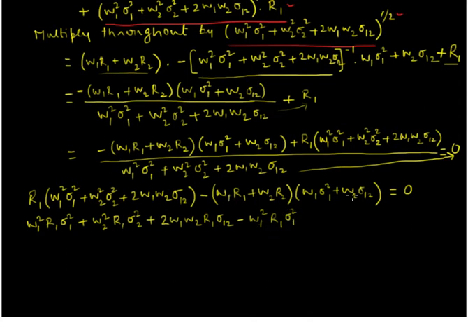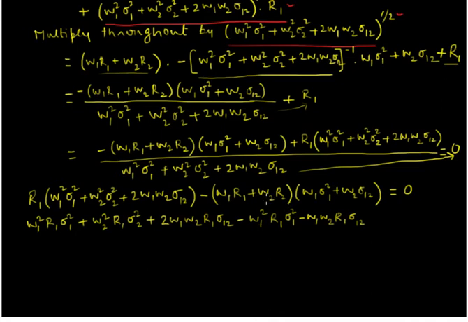This times this term, and we have a minus outside, is going to give us W1 times W2 times R1 times covariance between 1 and 2.